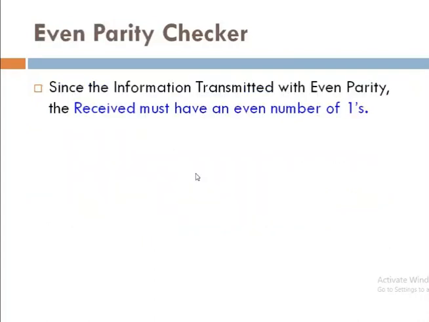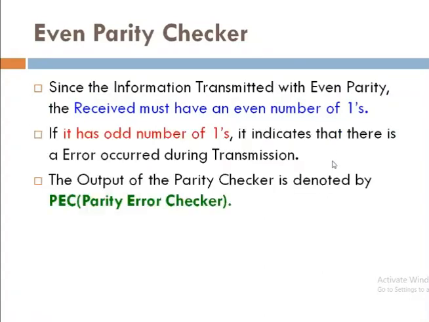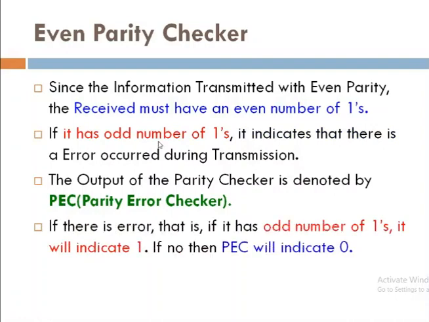Now see the concept. When we are considering the even parity generator, since the information is transmitted with the even parity bit, the received data must have an even number of ones. Obviously, we require an even number of ones. So in that case, if it has an odd number of ones, it indicates that there is an error. So an error occurred during the transmission.